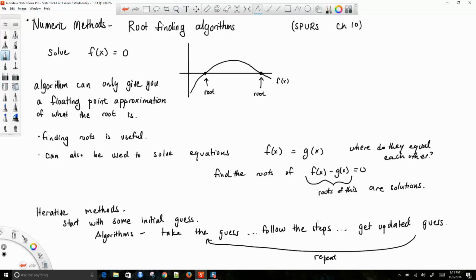And what we're hoping is that every time you're getting an updated guess, the amount it changes gets smaller and smaller and smaller until a point where we just say, this has converged. Okay?